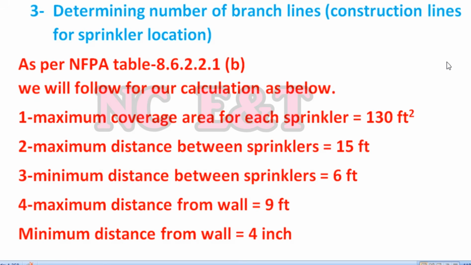So by calculation we will find out the distance between the wall and the sprinkler, the distance between sprinkler and sprinkler on the same pipeline, and the distance between sprinklers on adjacent lines. So these values will be found by calculation. Then we will draw the construction lines on the specific area, and at the intersection of these lines we will find the place where we need to locate our sprinkler.